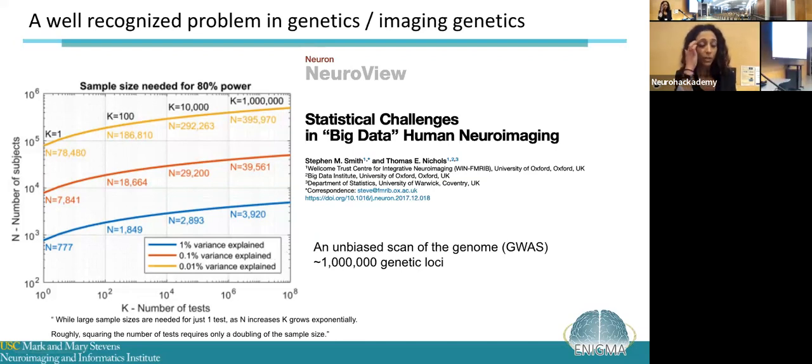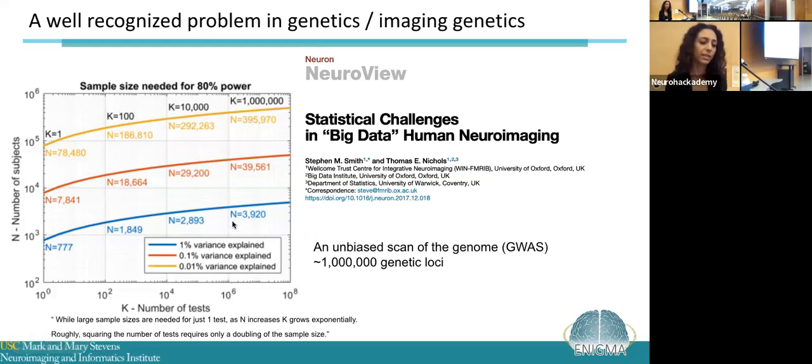So genetics, especially common genetic variants, they're not rare, the variant is common in at least 5% of the population. These generally explain less than 0.1% of the variance in any complex trait.